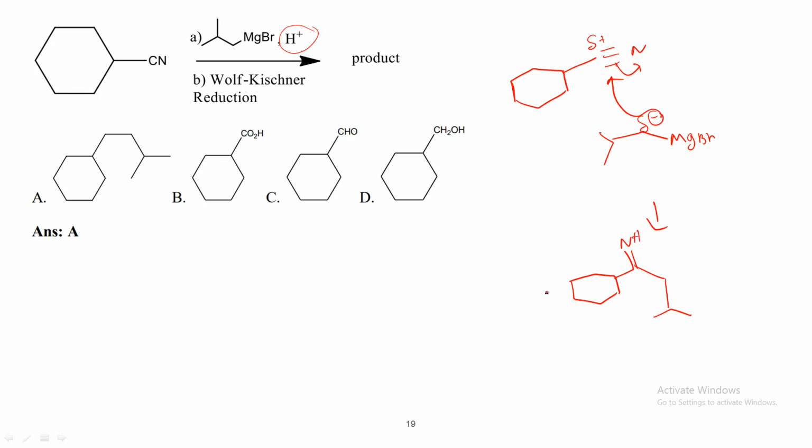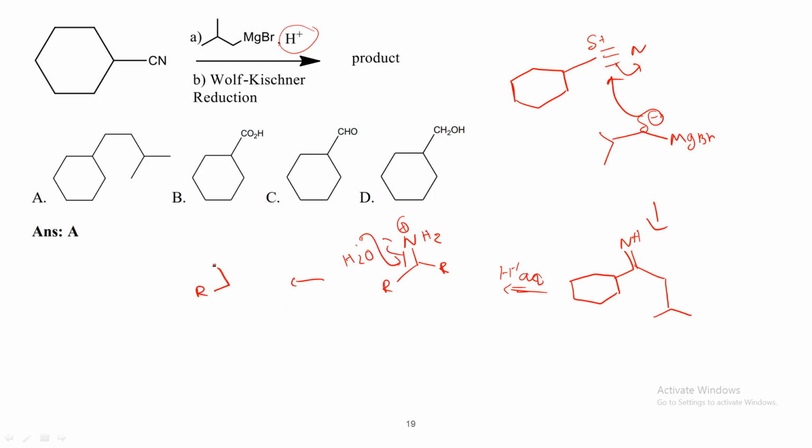But H plus means actually aqueous H plus. So in this particular reaction condition, it is susceptible to hydrolysis. So how does hydrolysis happen? It is simple. I am writing it in general form. It interacts with H plus and makes it like this, and H2O is there. So this attack is possible.